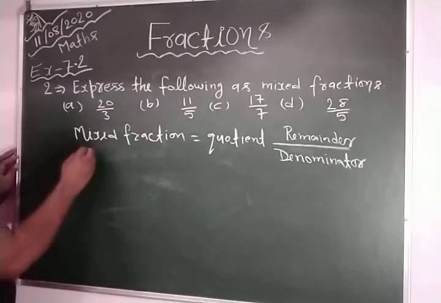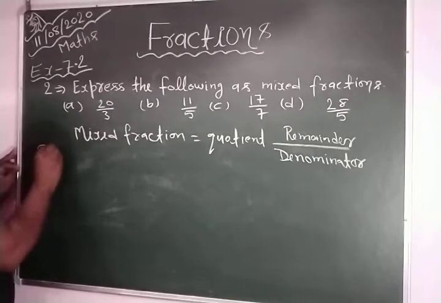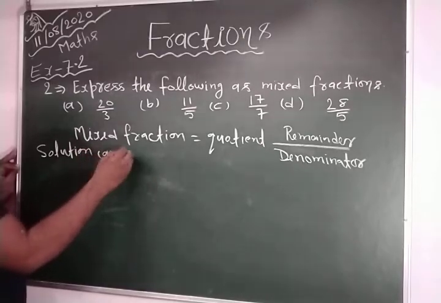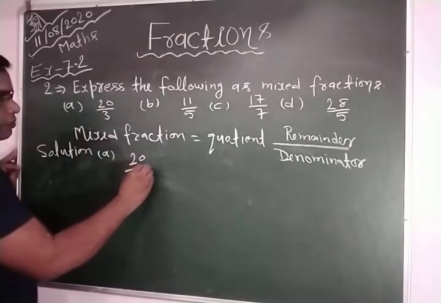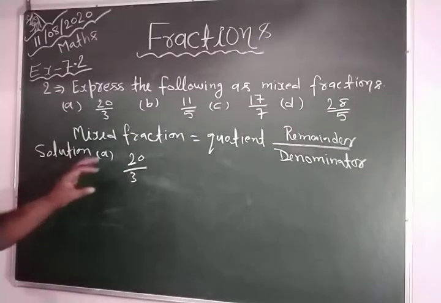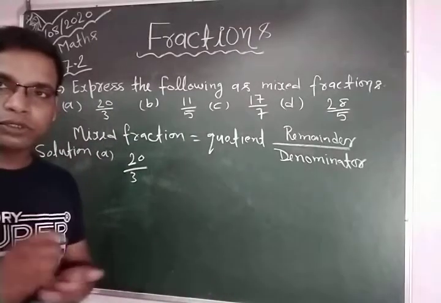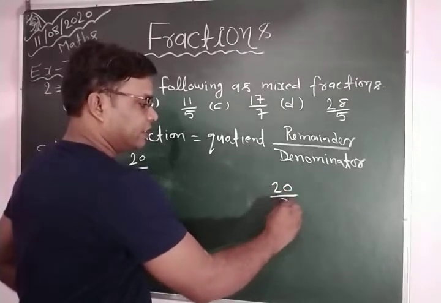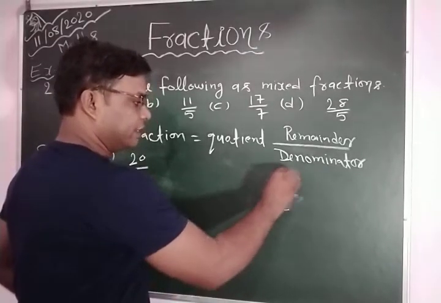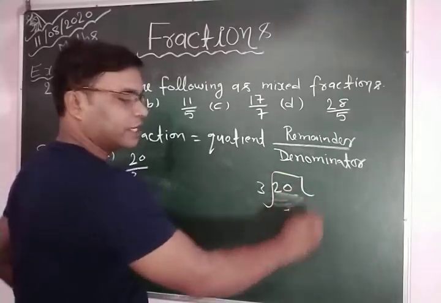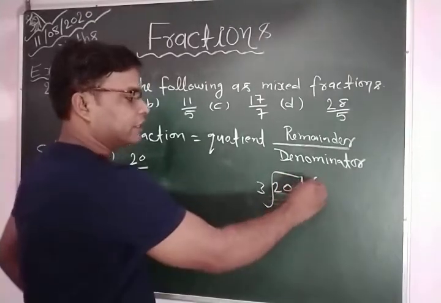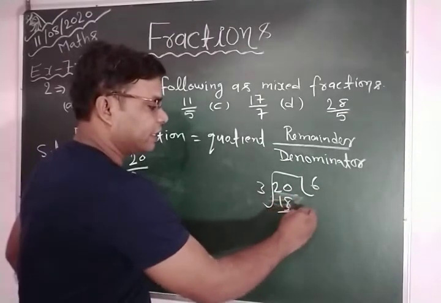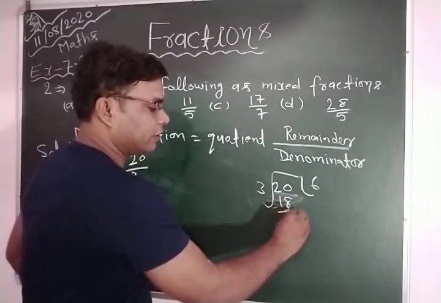Okay, so here is the solution of part A. This is 20 by 3, and we convert it into a mixed fraction. So first we divide 20 by 3. 3 times 6 is 18, we obtain here 18, and the remainder is 2.